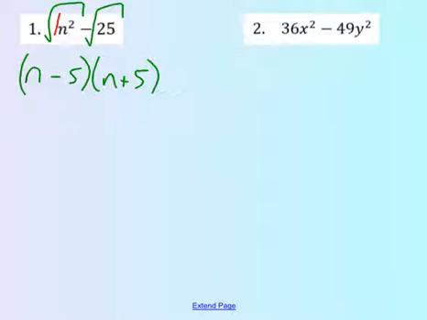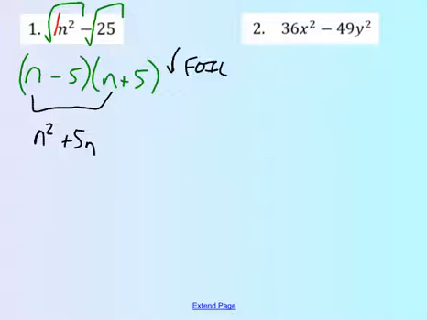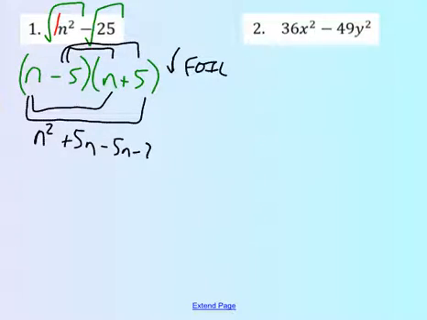Now remember, you can always check your answer by foiling or box method. n times n gives n squared, outside is plus 5n, inside is minus 5n, and the last terms are minus 25.